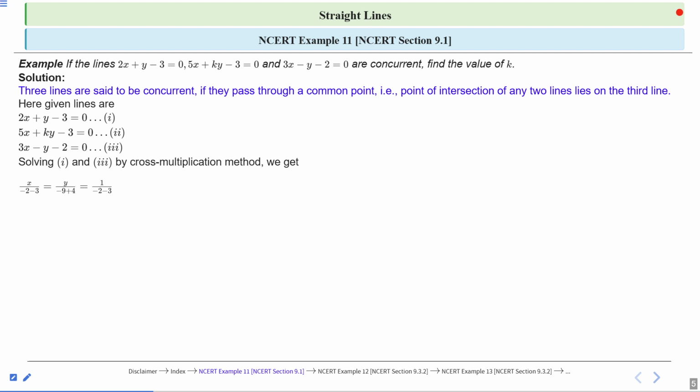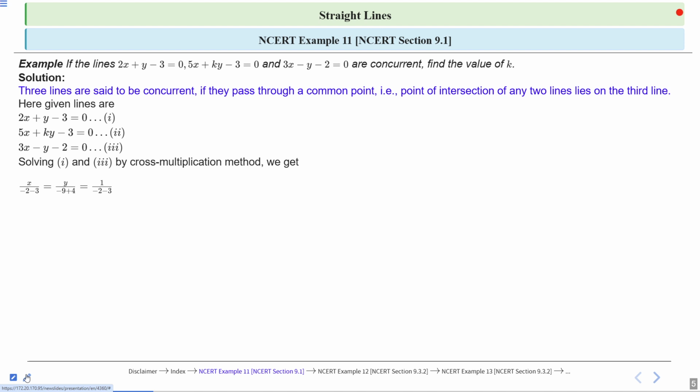In the first term the numerator is x and the denominator is minus 2 minus 3, and in the second term the numerator is y and the denominator is minus 9 plus 4.